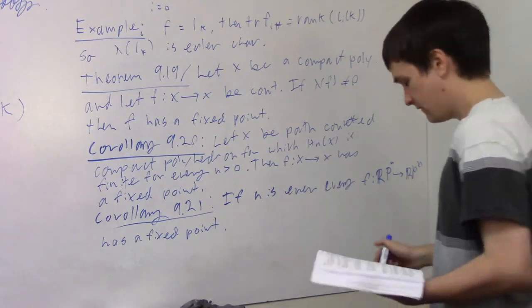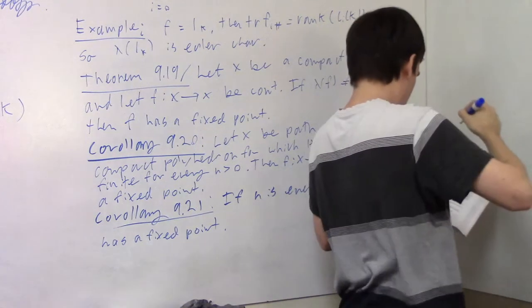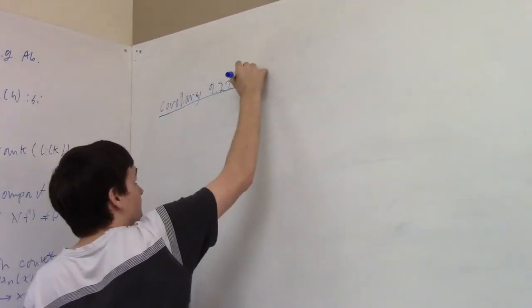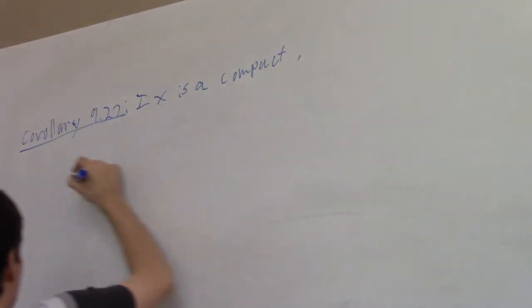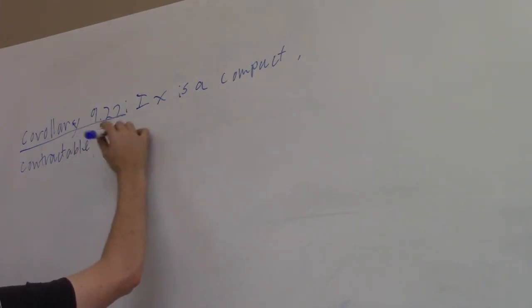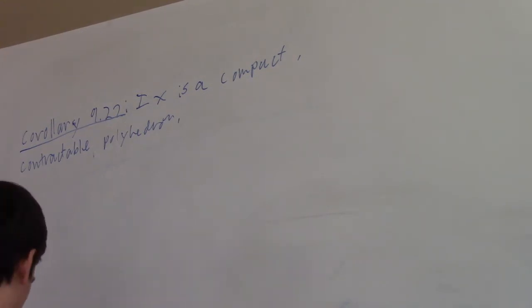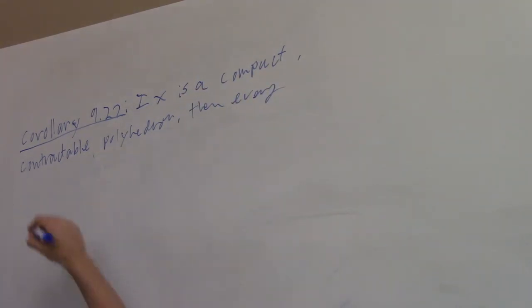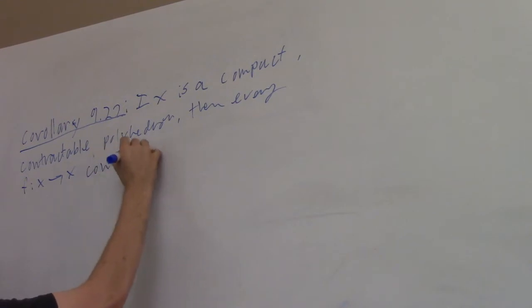Now, this next one, Corollary 9.22: if X is a compact, contractible polyhedron, then every continuous map from X to X has a fixed point.